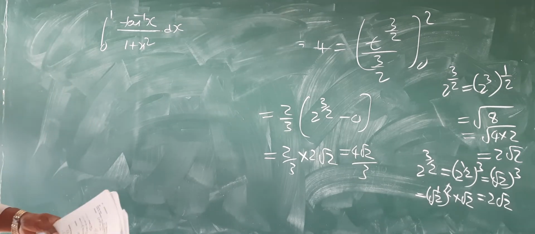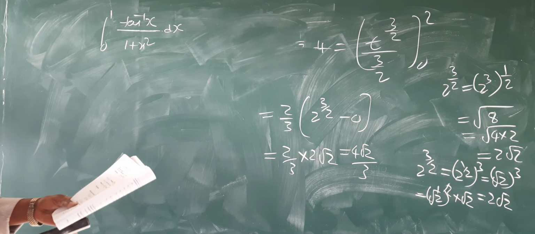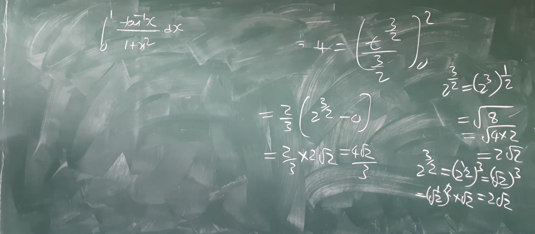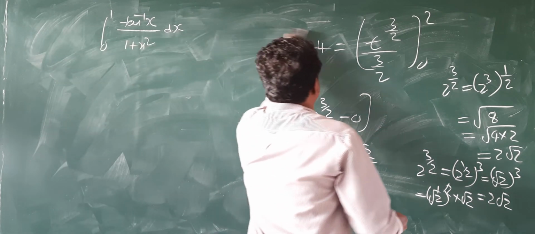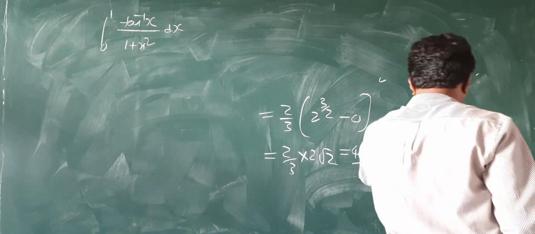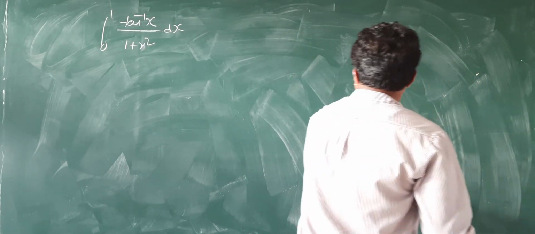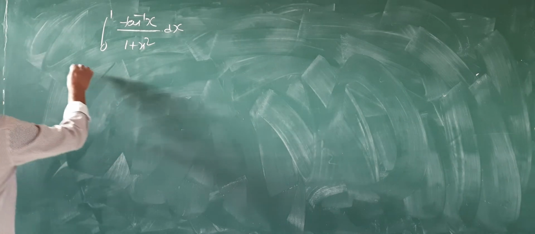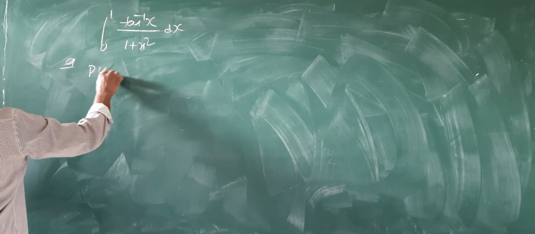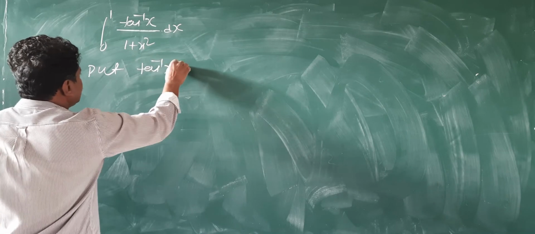One more question on the put t method. Again you use the put method: put tan inverse x equals t. Solve that simple question. Solution: put tan inverse x equals t.